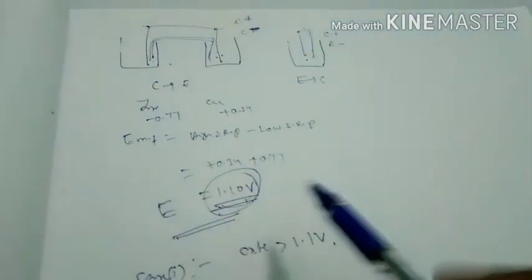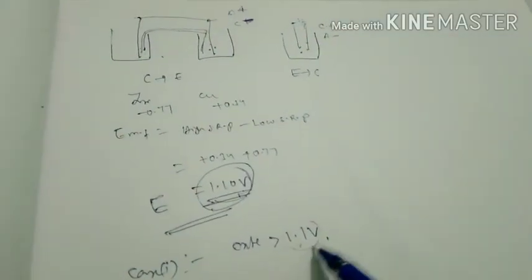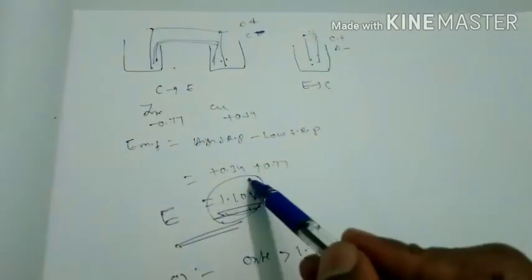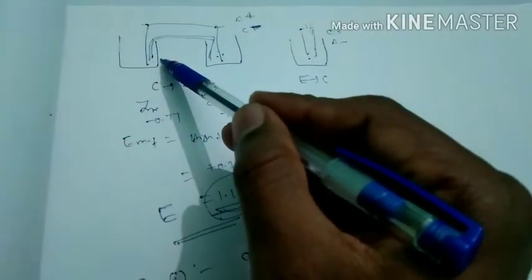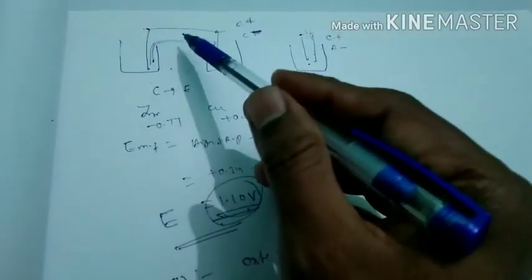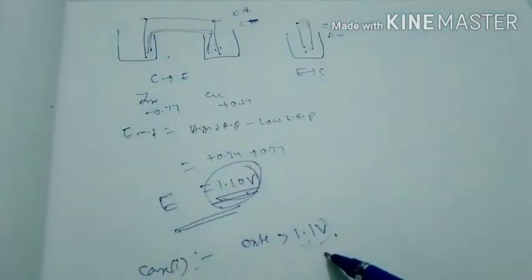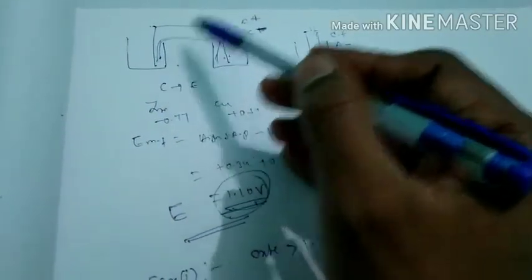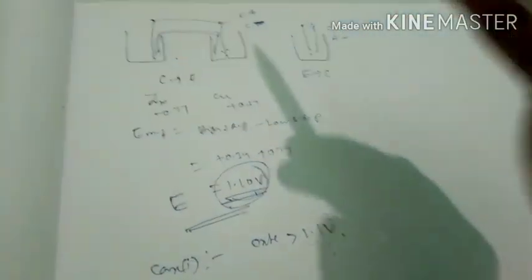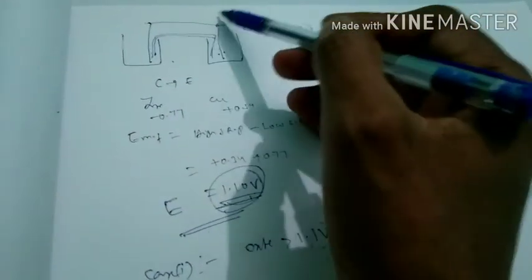Here, in the case of zinc and copper, the cell potential is 1.1. But if the external source is more than 1.1, then this cell cannot give electricity to that substance, because the external source has the higher voltage. So this galvanic cell cannot produce electricity for that one, but the external source produces electricity for this one.